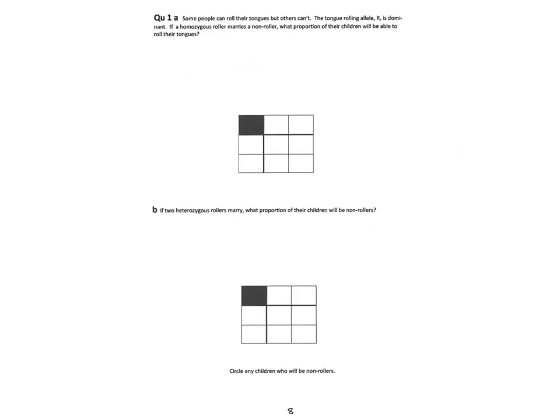On page 8, you have got a question with part A and part B. It's asking about people who can roll their tongues, and it's giving you the letter R to use, and it's saying the tongue rolling allele, big R, is dominant. So that's for tongue rolling.